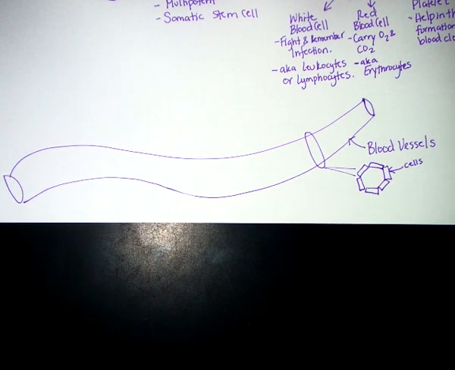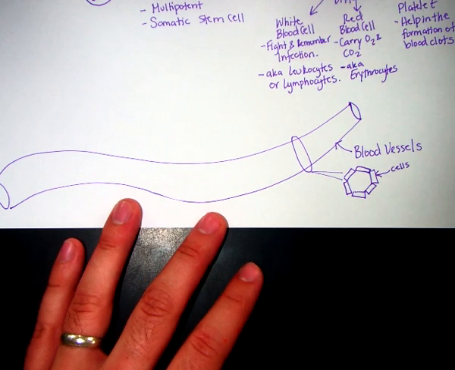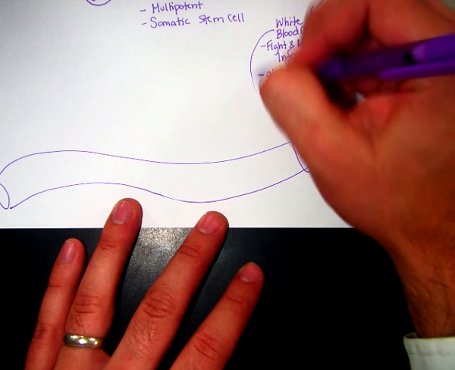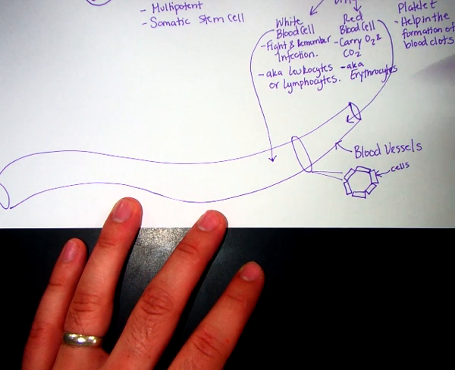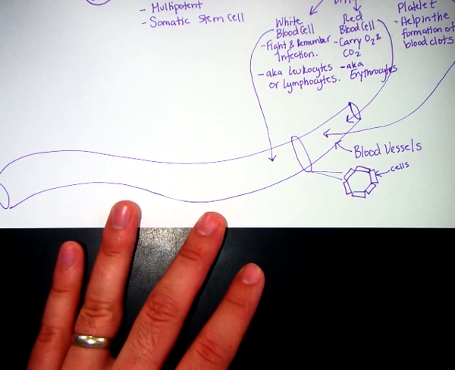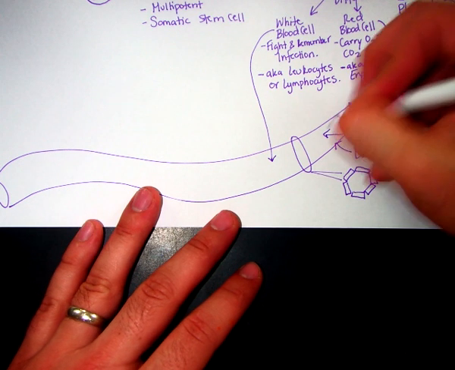Okay, so we know so far, blood vessels, that's what blood flows through. Inside of this, we'd expect to find white blood cells, red blood cells, and platelets. You can use whatever color you'd like, but for red blood cells, I'm going to use pink.